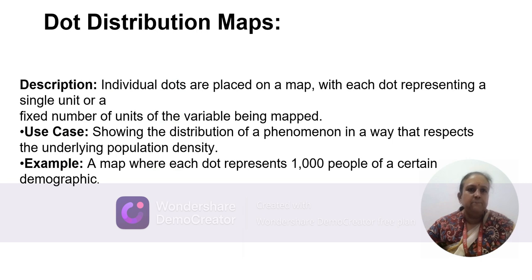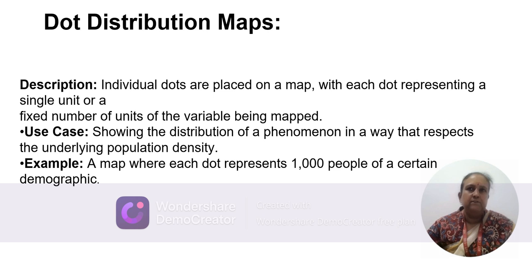The next type of map is the dot distribution map. This map is represented through individual dots placed on the map, with each dot representing a single unit or a fixed number of units of the variable being mapped. For example, the distribution of a phenomenon, such as how population density is spread across a region. A map where each dot represents 1,000 people of a certain demographic.